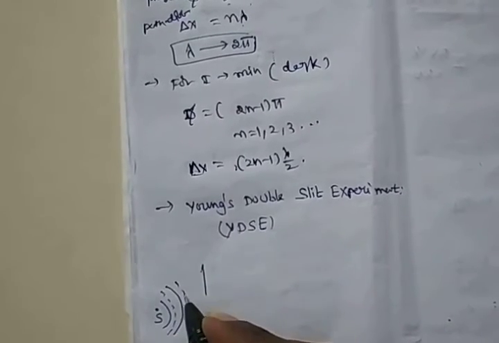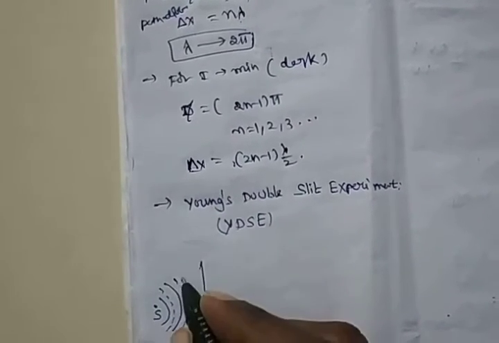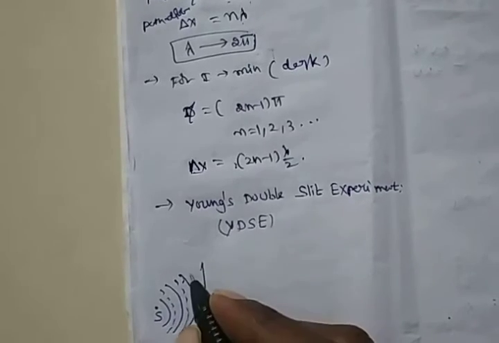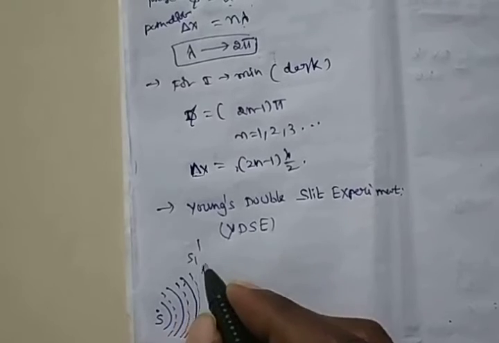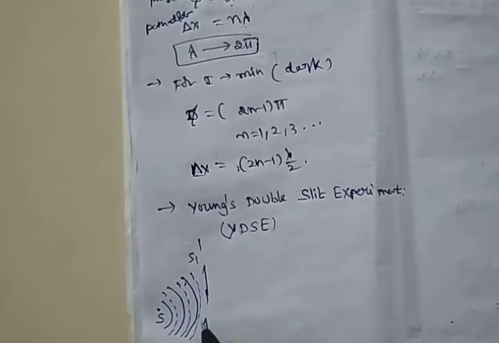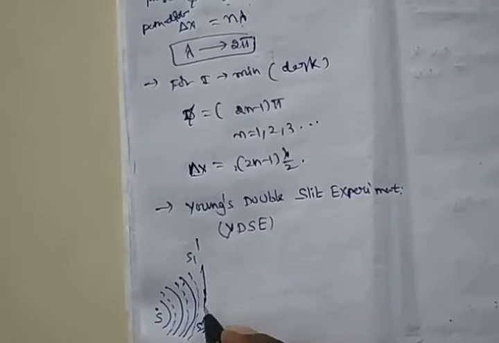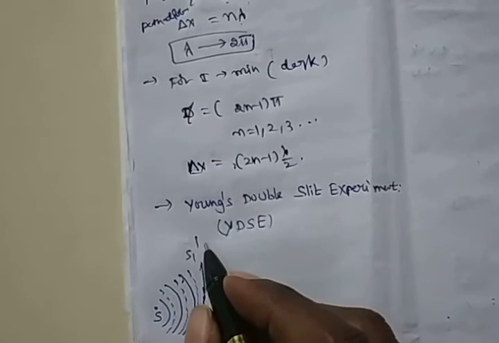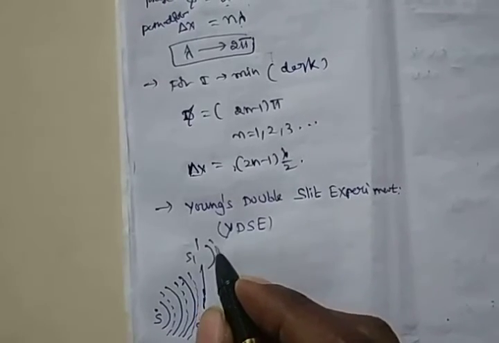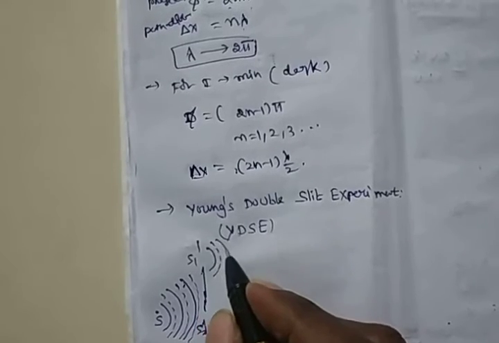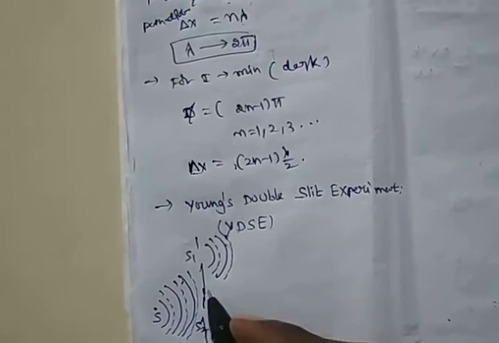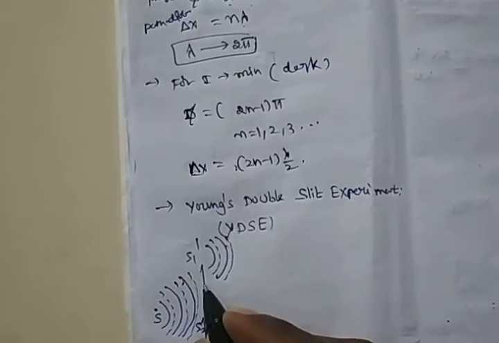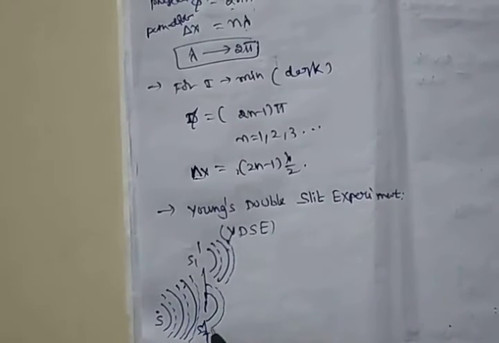These crests and troughs will pass through two slits S1 and S2. So you will get waves like this, and again from this also you will get like this.